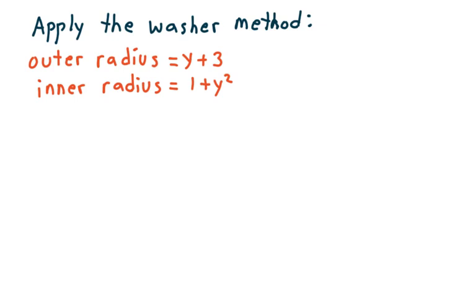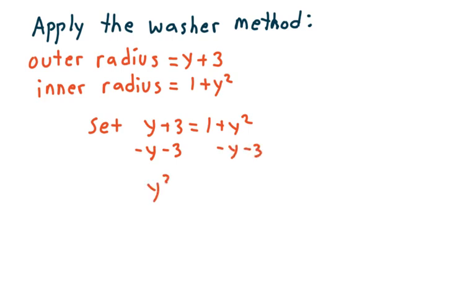Now, the question is, where do these graphs meet? What are the values of y where these graphs meet? So I'm going to set y plus 3 equal to 1 plus y squared. So I'm going to subtract y, subtract 3, subtract y, subtract 3.